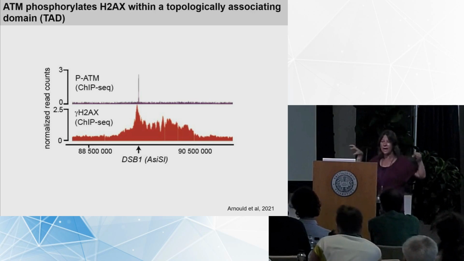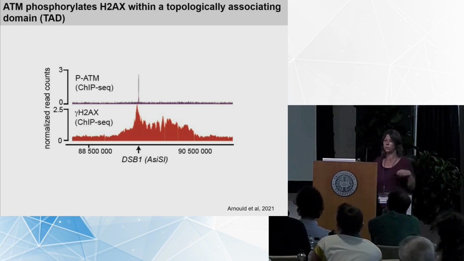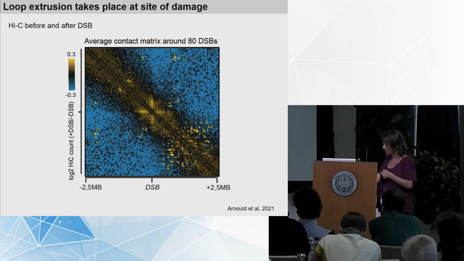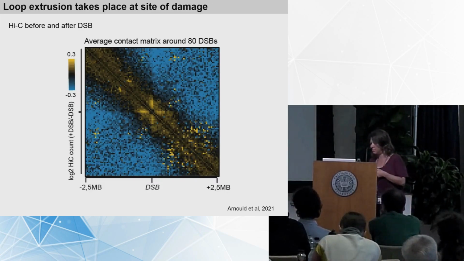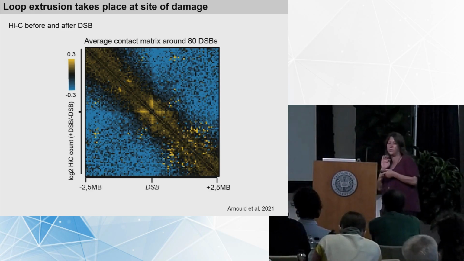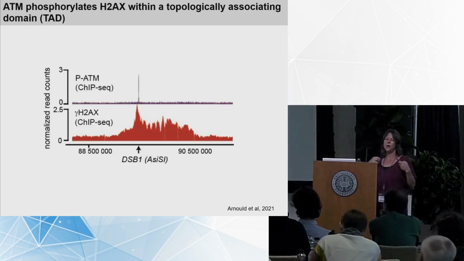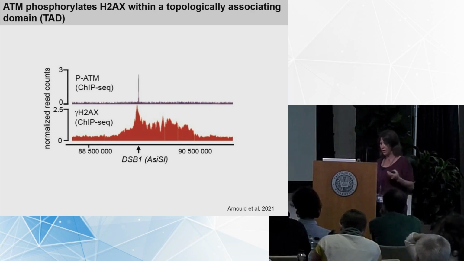So the kinase is not able to walk on the chromosome to mediate this H2AX phosphorylation. So from this data, our speculation was that gamma H2AX spreads within a 3D conformation.